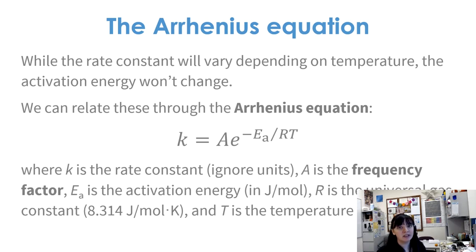This is specifically R in terms of joules per mole Kelvin, so 8.314 is the number that we'll use for R there. And the temperature is, of course, the absolute temperature, so the temperature in Kelvin. All right, so this Arrhenius equation again relates the rate constant to the activation energy at a particular temperature.